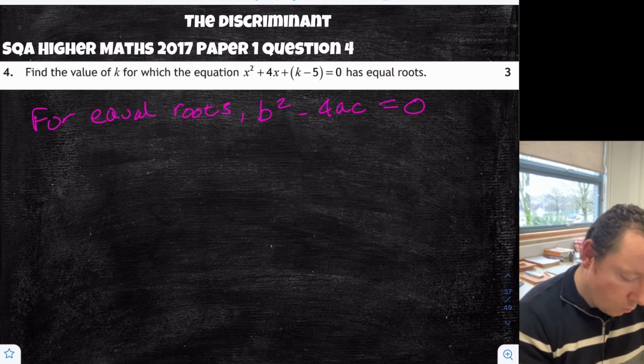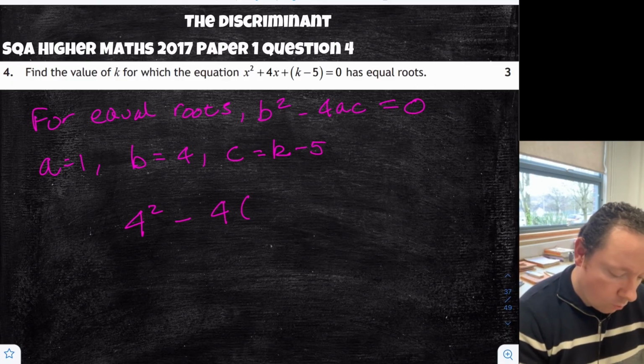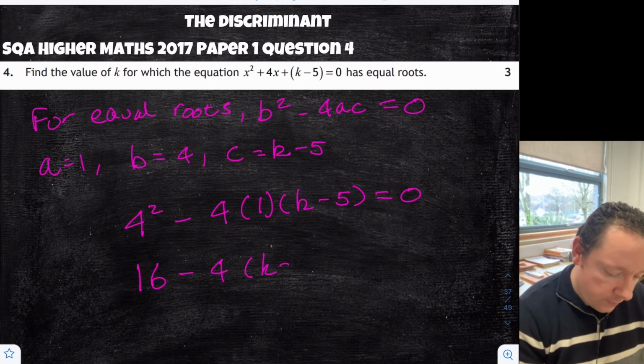So our a is 1, the number in front of x squared. Our b is 4, the number in front of x. And our c is what's on the end, k minus 5. So b squared is 4 squared minus 4 times 1 times k minus 5 equals 0. So that's 16 minus 4 times k minus 5.